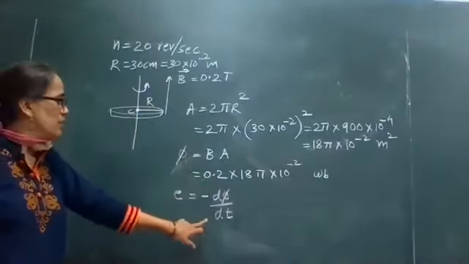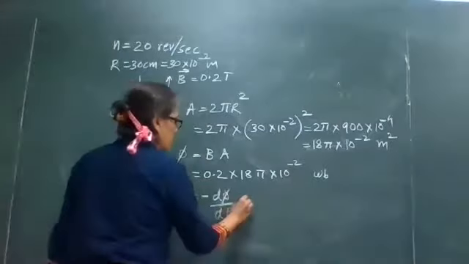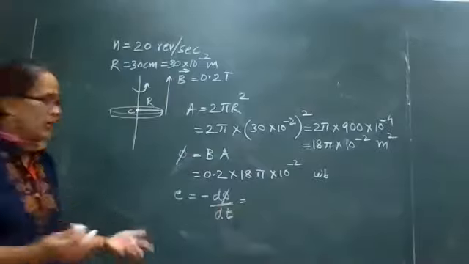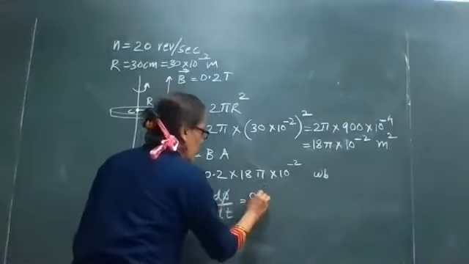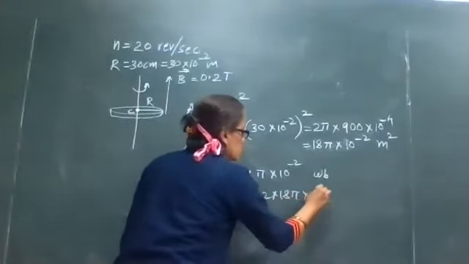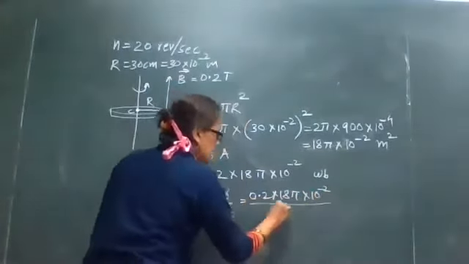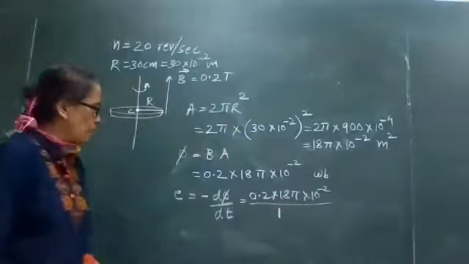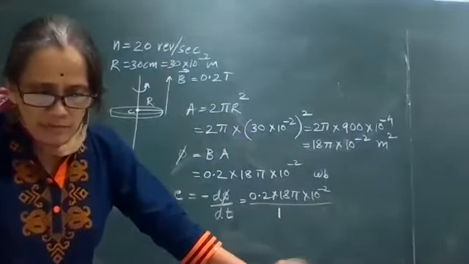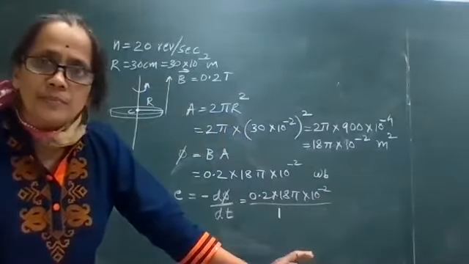So that is nothing but your EMF. In the same answer, whatever flux I am getting, that flux per unit time: 0.2 into 10 raised to 18 pi into 10 raised to minus 2 divided by per second. So that EMF value you will get. Okay?